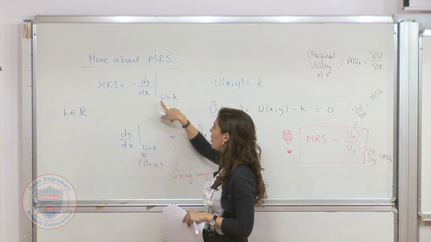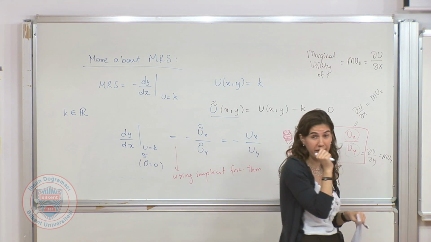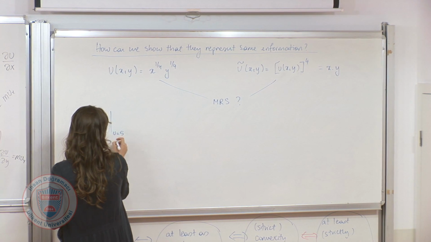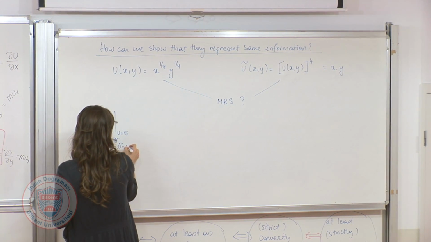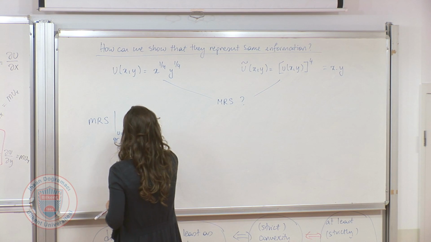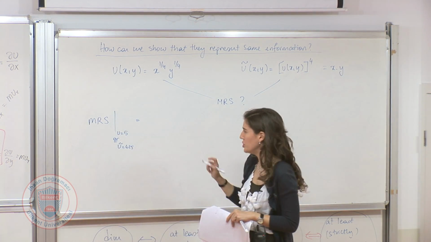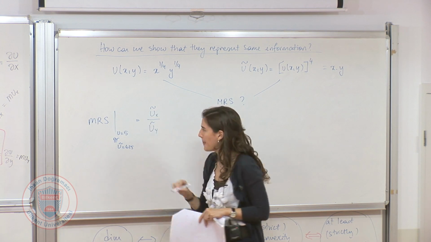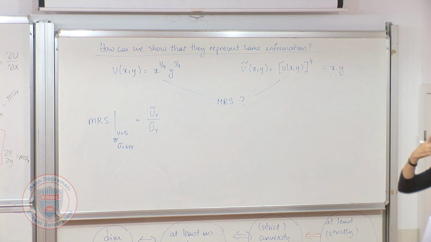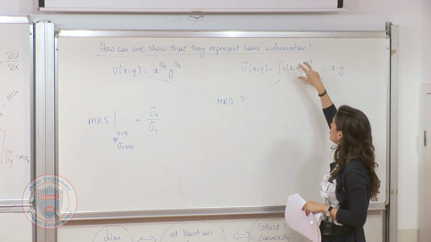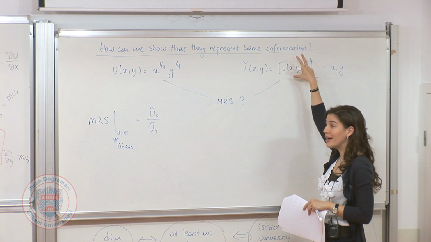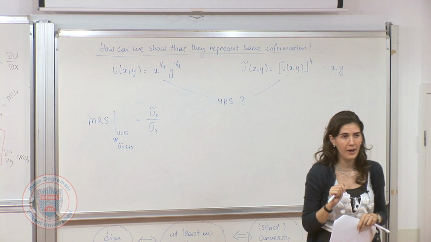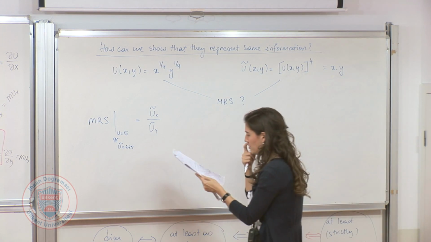Along the indifference curve, you fix the utility level. So let's put MRS when the utility level is equal to 5, or U tilde is 625. Basically, the marginal rate of substitution is U tilde x over U tilde y. In order to calculate the marginal rate of substitution, I use this guy. How do I know that it's also the marginal rate of substitution of this guy as well?